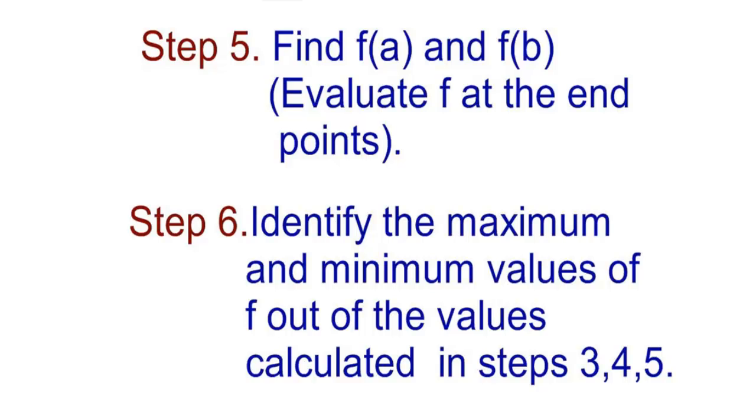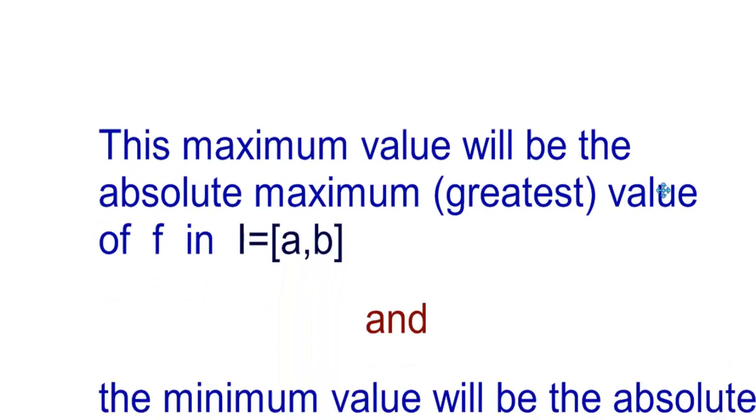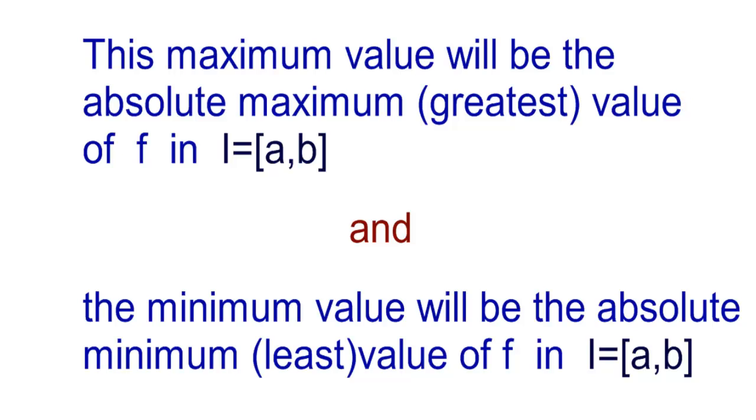The maximum value thus obtained will be the absolute maximum, or the greatest value of f in the closed interval [a, b]. And the minimum value obtained will be the absolute minimum, or the least value of f in the closed interval [a, b].